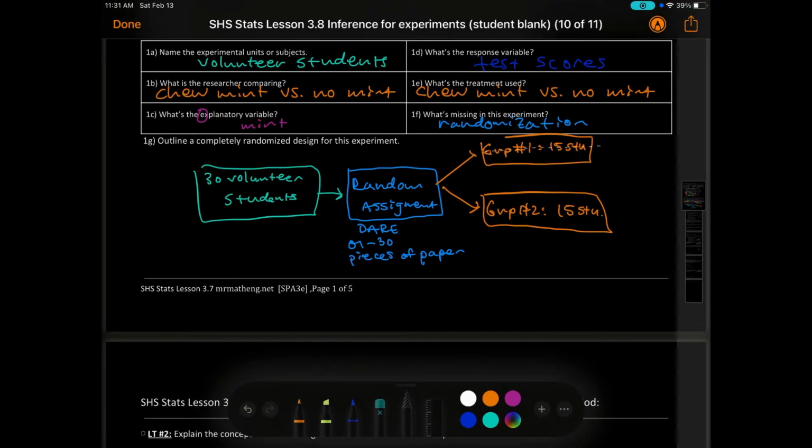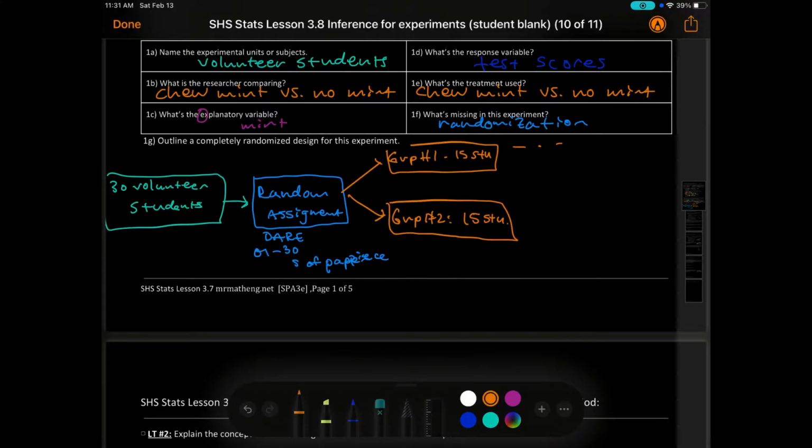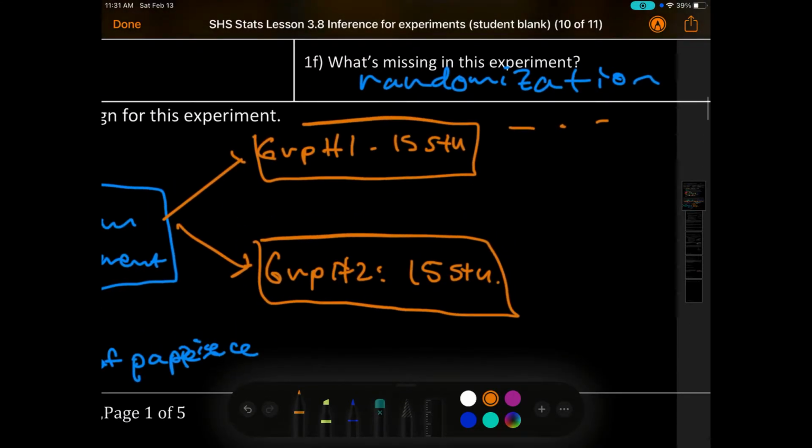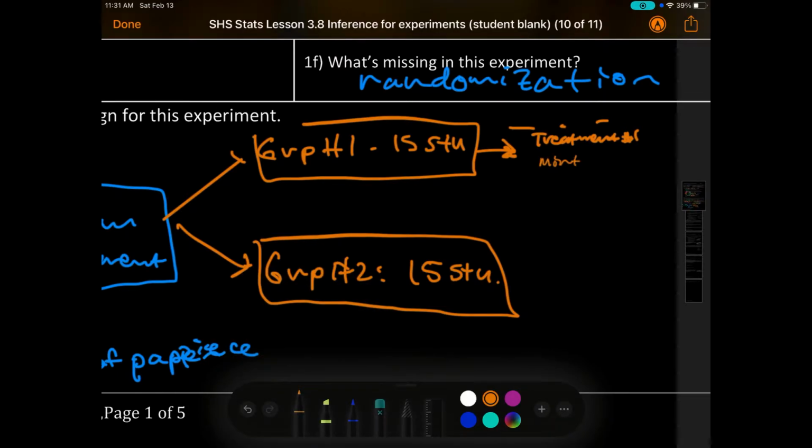I can't resize it yet. What's our treatment? Our treatment here, treatment 1, is that these students will get mint gum. And then treatment number 2, these will get no gum.